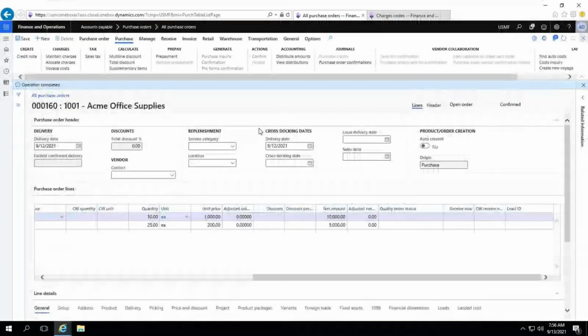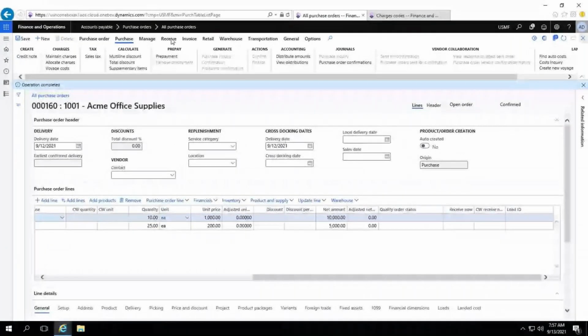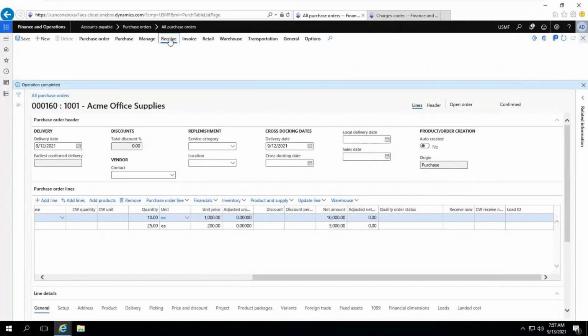There is no issue. Now let me do product receipt and invoice. Receive tab. Product receipt.